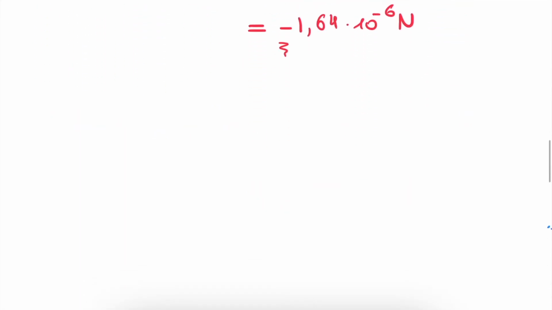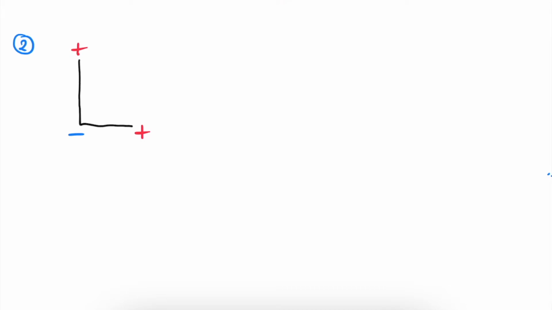In the second exercise, we consider the following scenario. Let's say we have 3 charges, 2 positive charges and 1 negative charge. And these charges are arranged in such a way that they form the corners of a right-angled triangle.